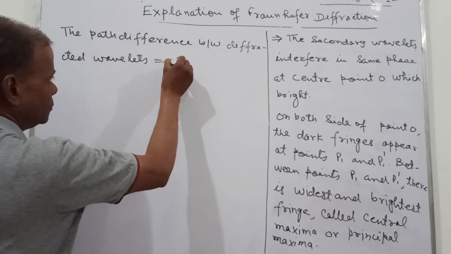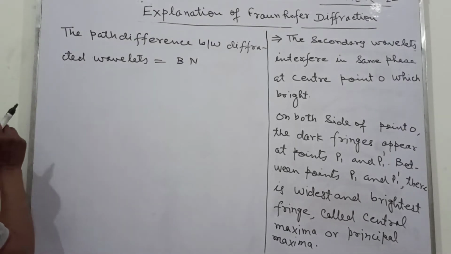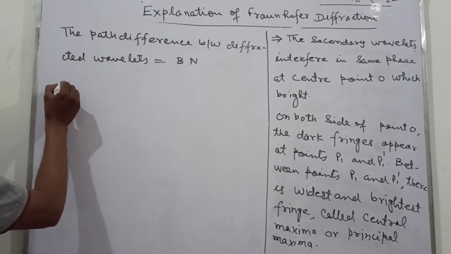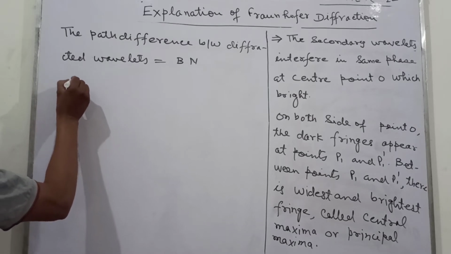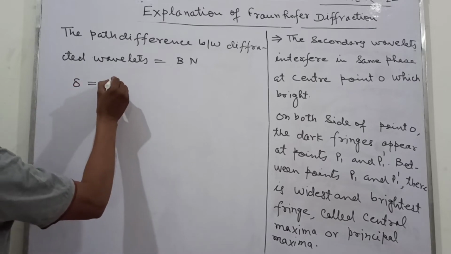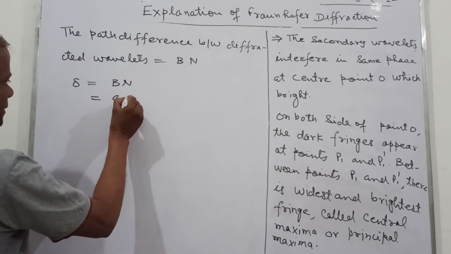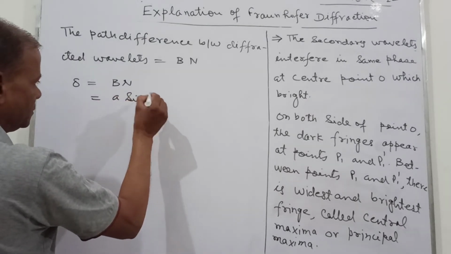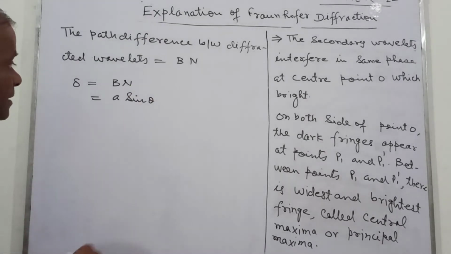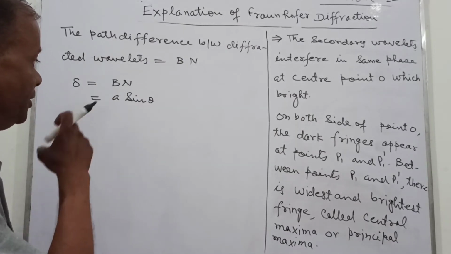By lattice geometry, the path difference delta is equal to BN. Because that is a right angle triangle, from the right angle triangle you will find that BN is equal to AB sin theta.